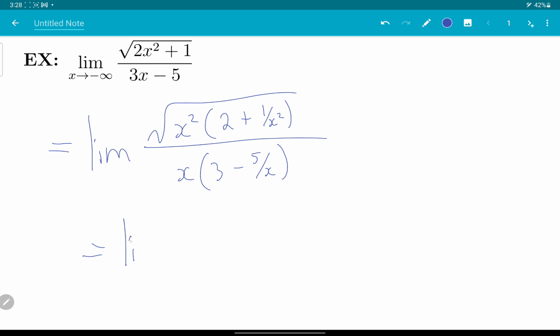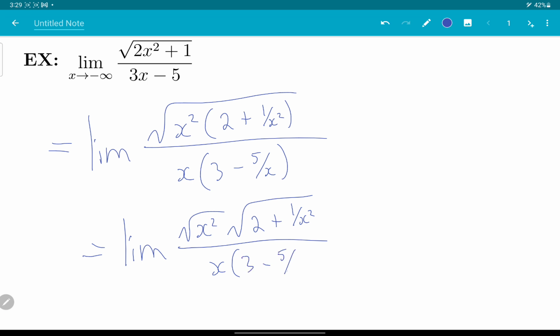Next, careful, careful. I apply my rule for square roots. Now here is the tricky bit. The square root of x squared is actually absolute value of x.